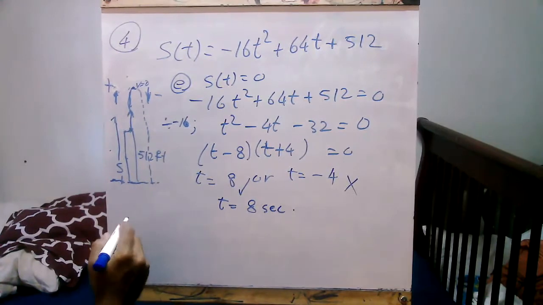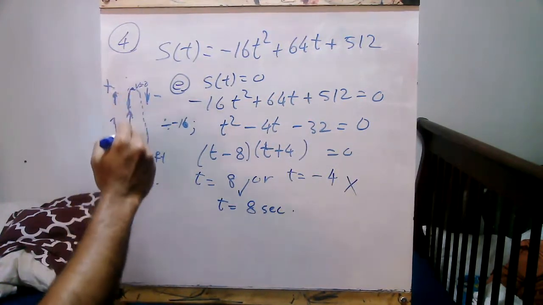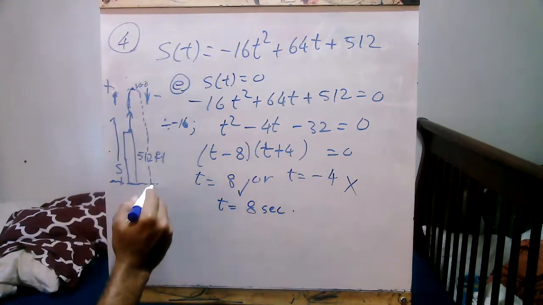In part F, it's asking what's the impact velocity of the ball when it hits the ground. That is, its velocity the instant before it strikes. It's asking us to find the velocity of the ball when it is here.